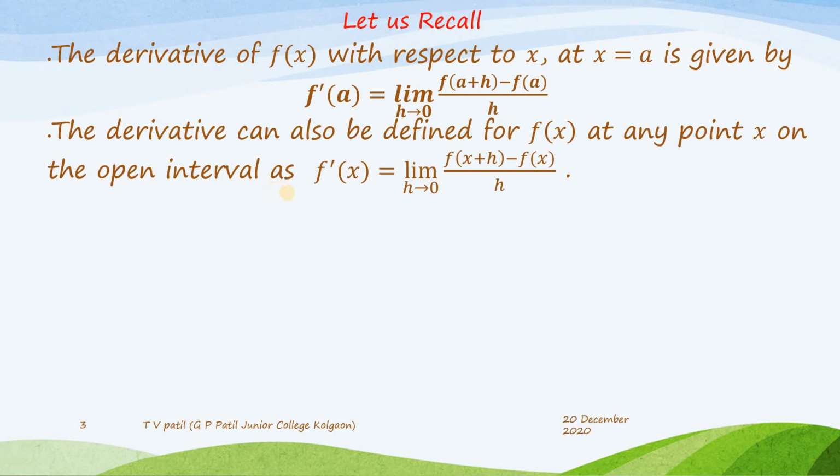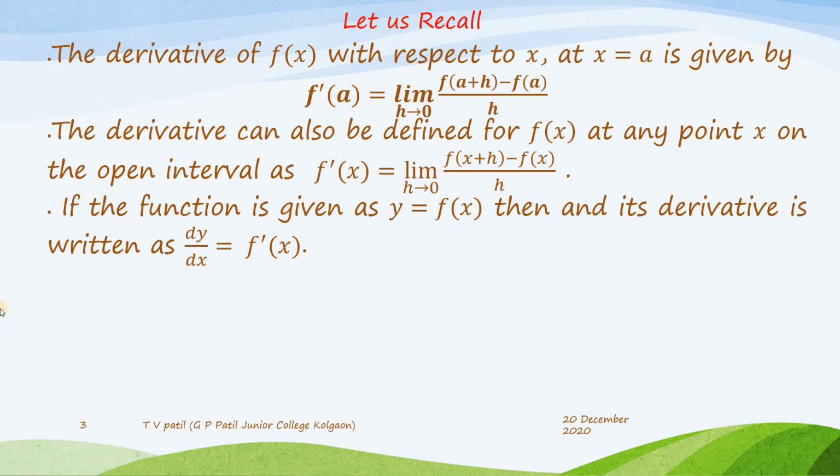Now next, this is the notation for that derivative. What is the notation for f dash of x? It is dy by dx, if y is a function expressed in terms of x.